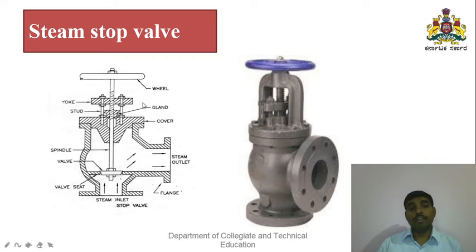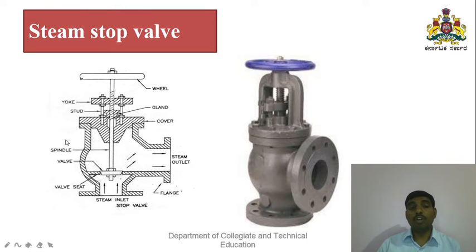When sufficient steam has gone out and we need to cut off the steam, we have to close the hand wheel, then it will be closed. So the valve seat is provided for opening and closing, allowing the steam out of the boiler.